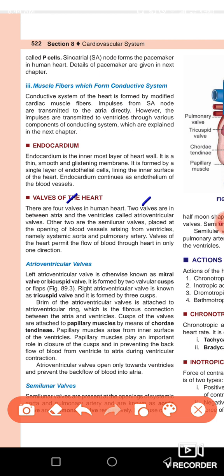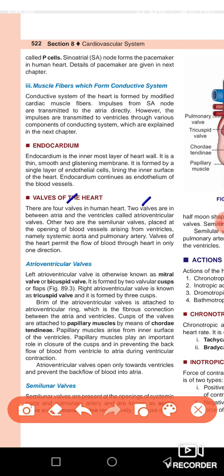The second type of valve present in your heart is the semilunar valve. The semilunar valves are present in your aorta and in your pulmonary artery. Why are they called semilunar? Because their shape is like a half moon.